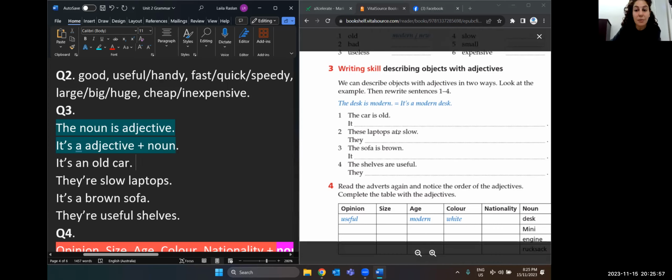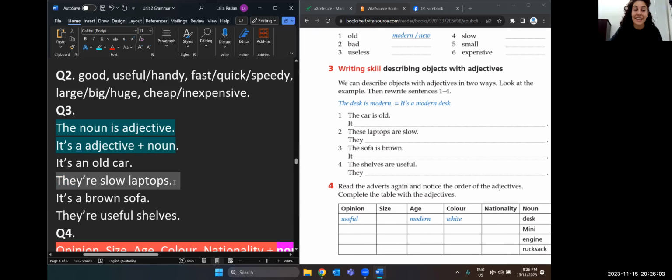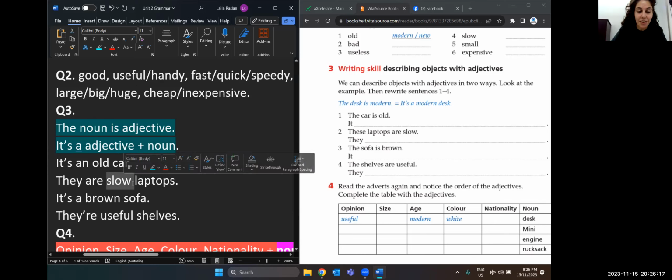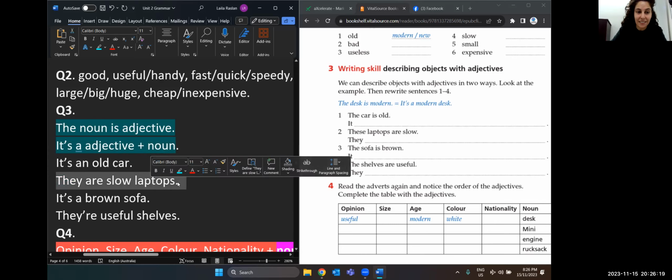Number 2, the laptops, these laptops are slow, or they're, yeah. So it is they are, but actually, yeah, you can write it they are or they're slow laptops. I'll write they are. Yeah. They are slow laptops.